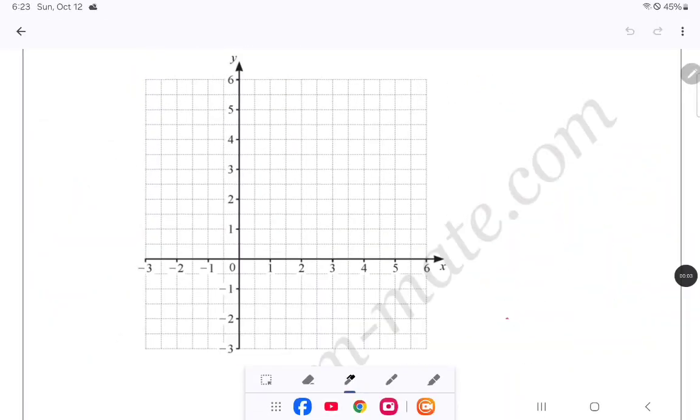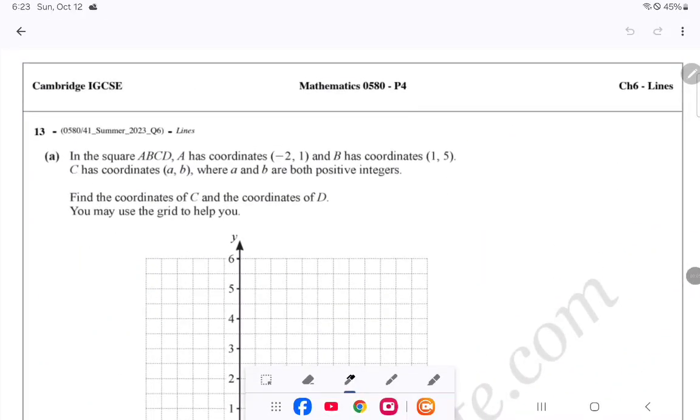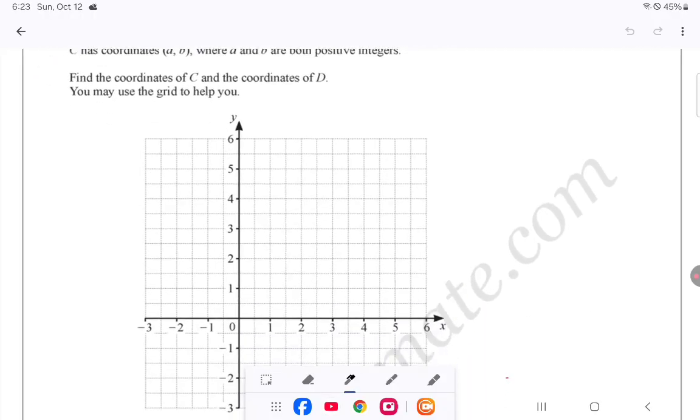So in question 13, it is said in the square ABCD, A coordinates -2, 1, B coordinates 1, 5 and C coordinates 1, A, B, where A, B both are positive integers. Find the coordinates of C and D. And we can use the grids, the boxes.